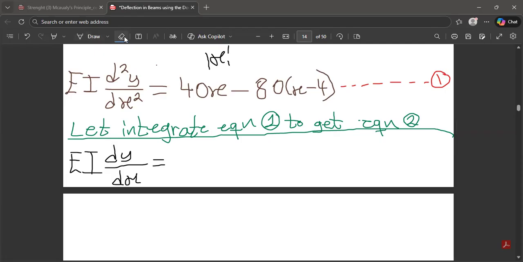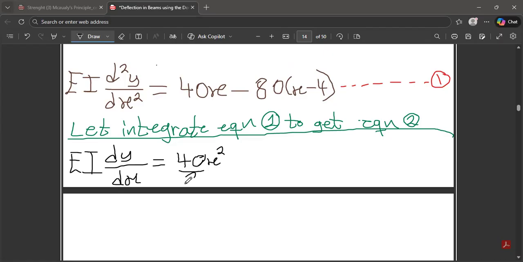So in your integration, you realize that is going to now cause the exponent of the x to be 2. So we are now going to get 40x squared all over 2.